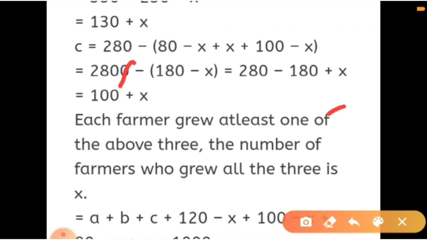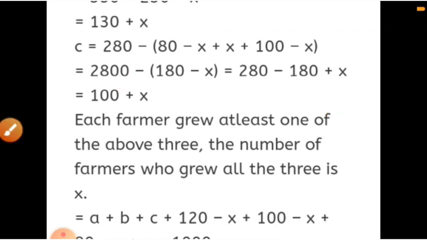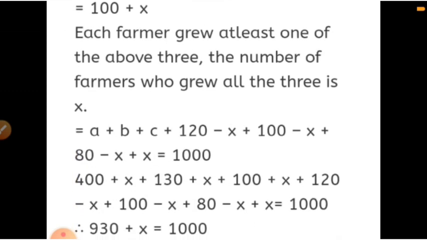Each farmer grows at least one of the above three. The number of farmers who grow all the three is x. That is equal to a plus b plus c plus 120 minus x plus 100 minus x plus 80 minus x plus x.